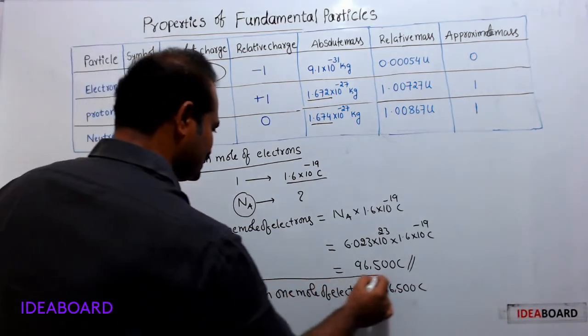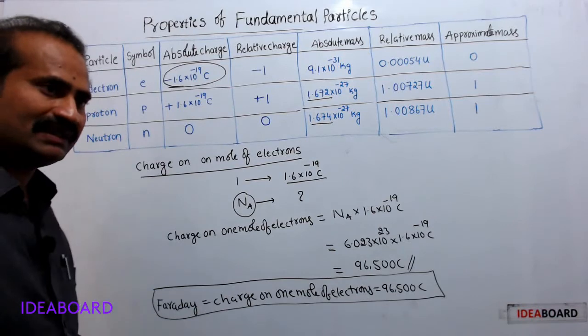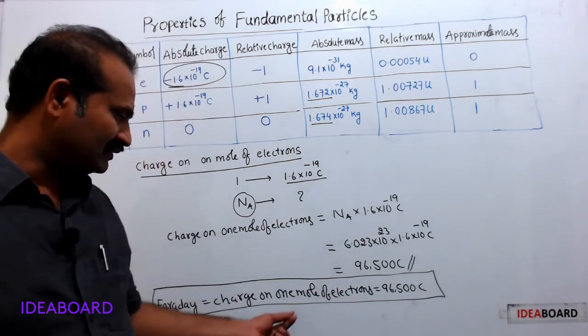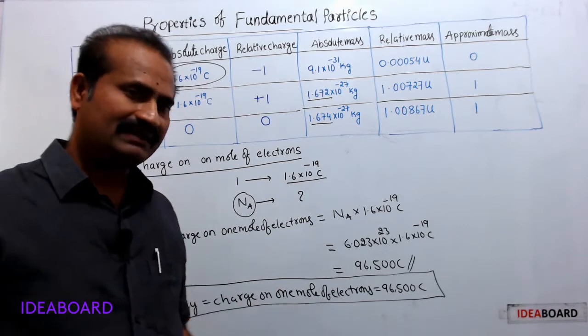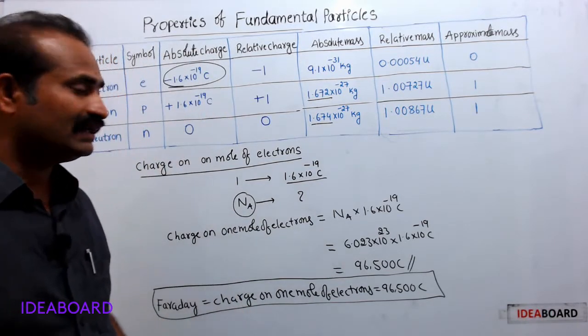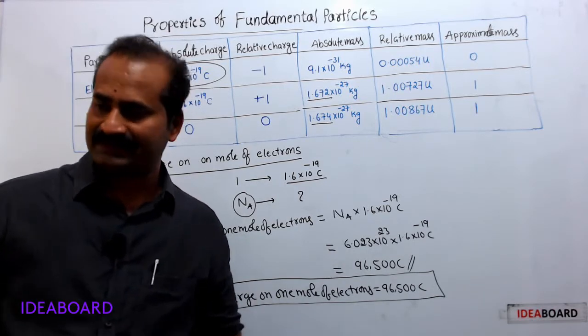Therefore, we have to remember this, it is important. We are using this relation especially in electrochemistry, and in some other chapters also you need to remember this. Okay. Next we will see the charge to mass ratio of fundamental particles.